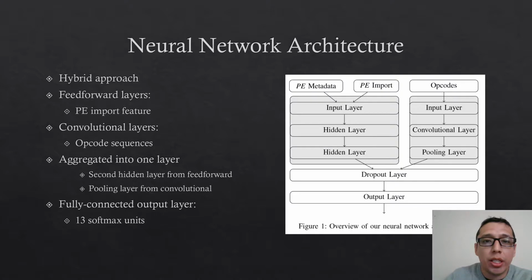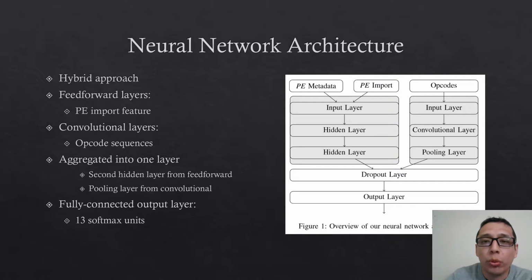Here is the hybrid neural network architecture, which is a feed-forward layer with its 27 features from the PE metadata and 488 Boolean features from the PE import list, and convolutional layers with its opcode features. The hidden layers in the feed-forward network have 500 units.